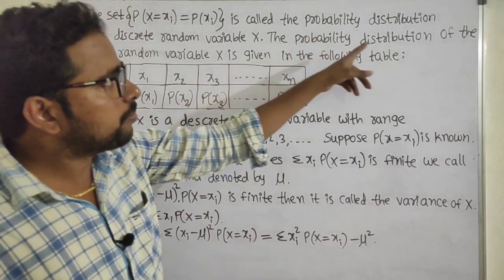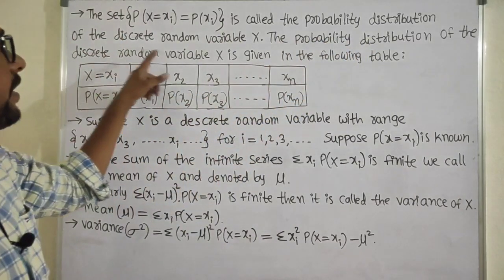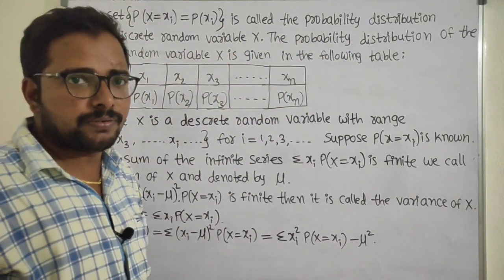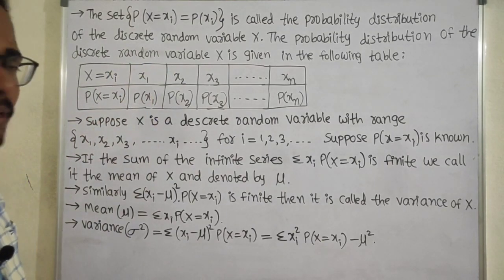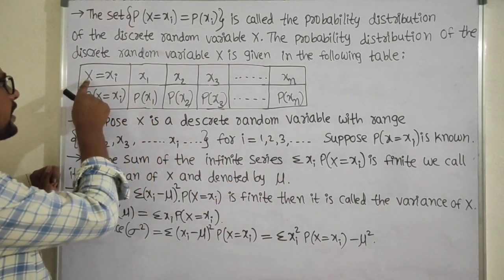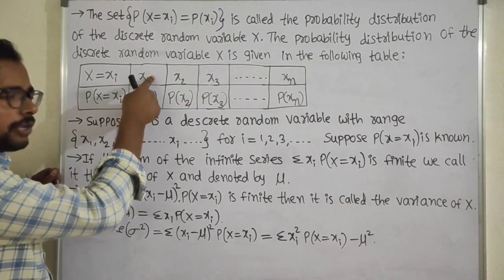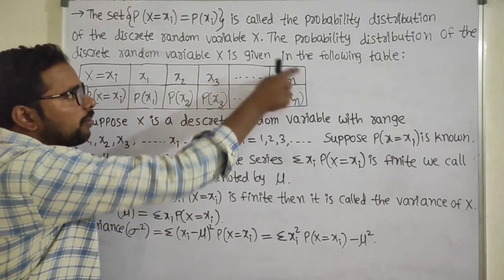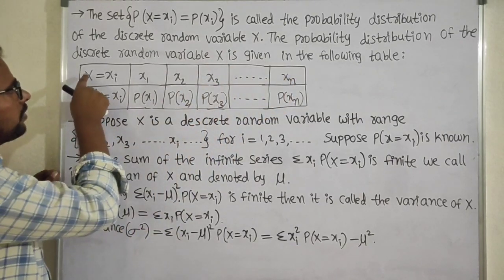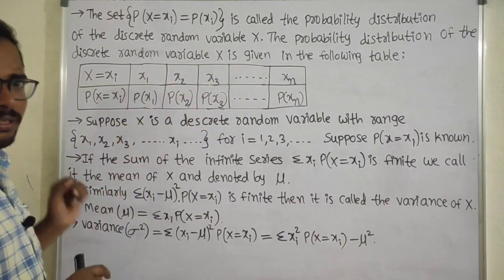The probability distribution of the discrete random variable x is given in the following table. So this is a probability distribution of the random variable x. So x equals xi are the outcomes. So x1 is the outcome, x2 is the outcome, x3 is the outcome, and so on, xn are the outcomes.